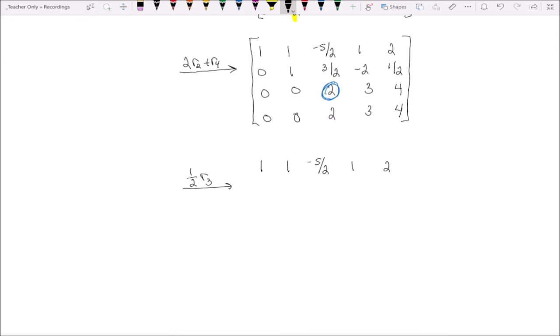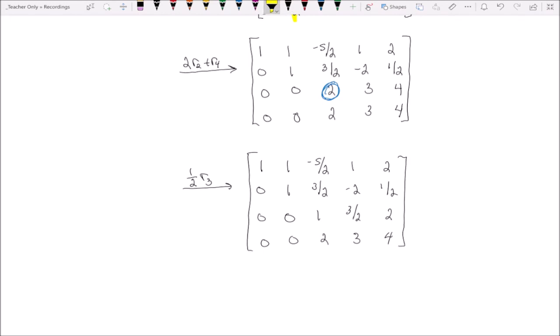And at this stage, both row 1 and row 2 are going to remain the same. Now, the column that we want to zero out is right here. And again, we're only concerned with zeroing out everything below that leading 1.